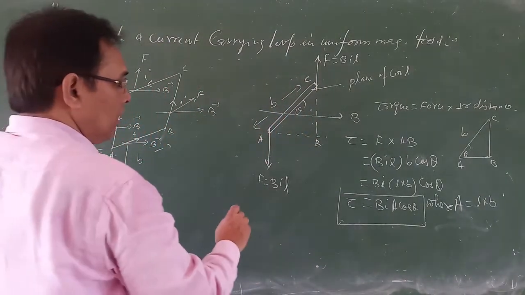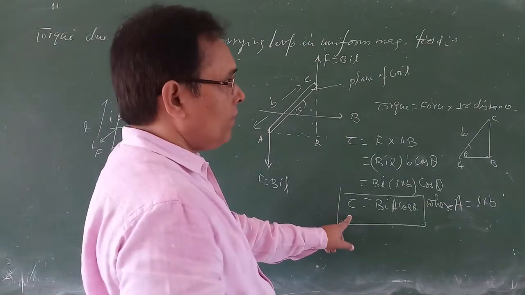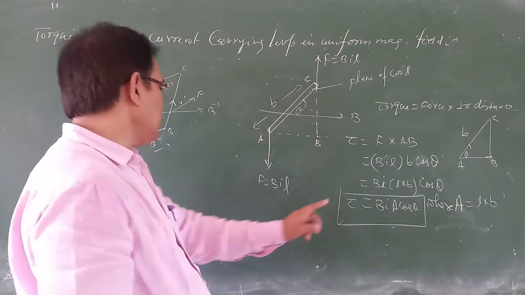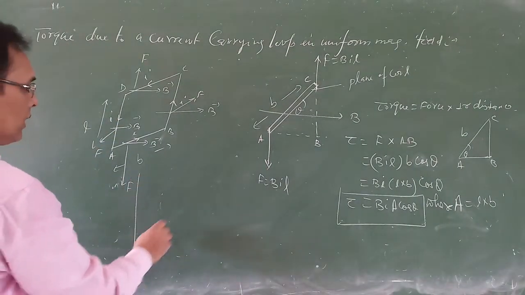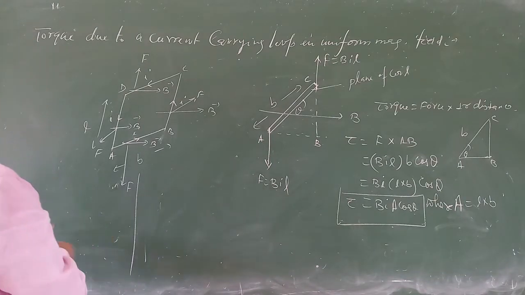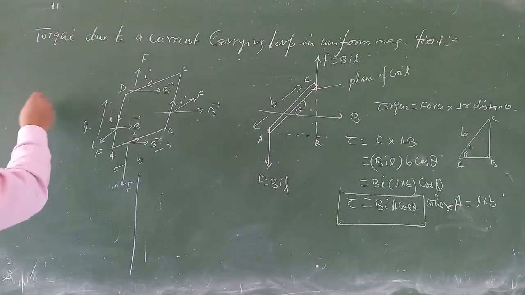And now torque is a vector quantity, so you write it in vector form. Suppose you make one more diagram.